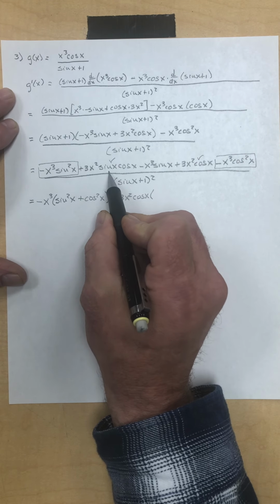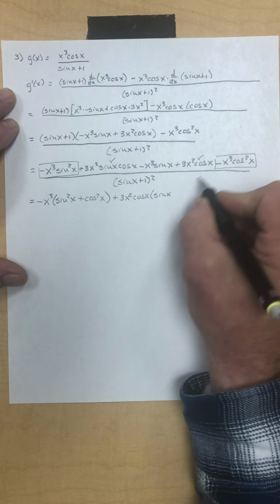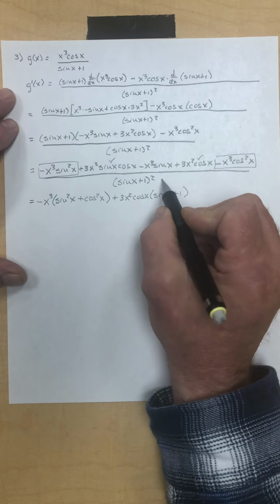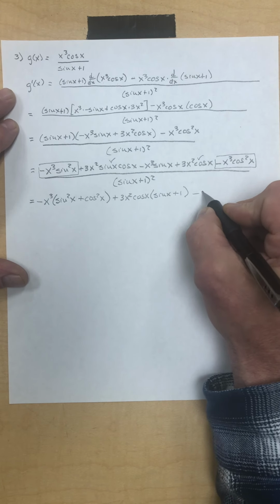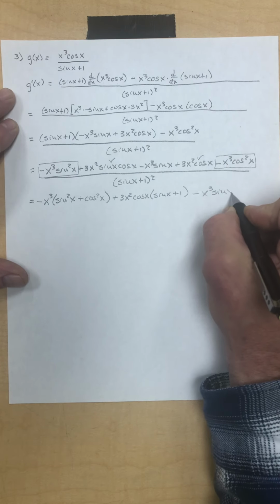When I factor it out here, I'm just left with sine of x, and here I'm just left with 1, like that. And then I have this Lone Ranger all by himself, minus x cubed sine of x.